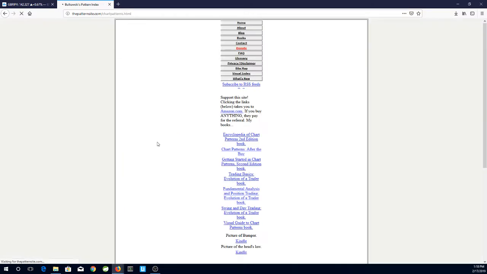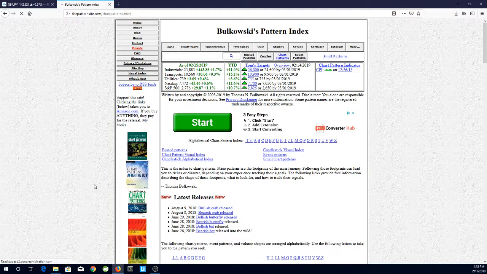Bulkowski's Pattern Index. This guy has a lot of good books on patterns, and he's actually gone and collected data on the reliability of these patterns. Excuse me. And so this is a really great site. On this computer, I haven't favorited that one yet.